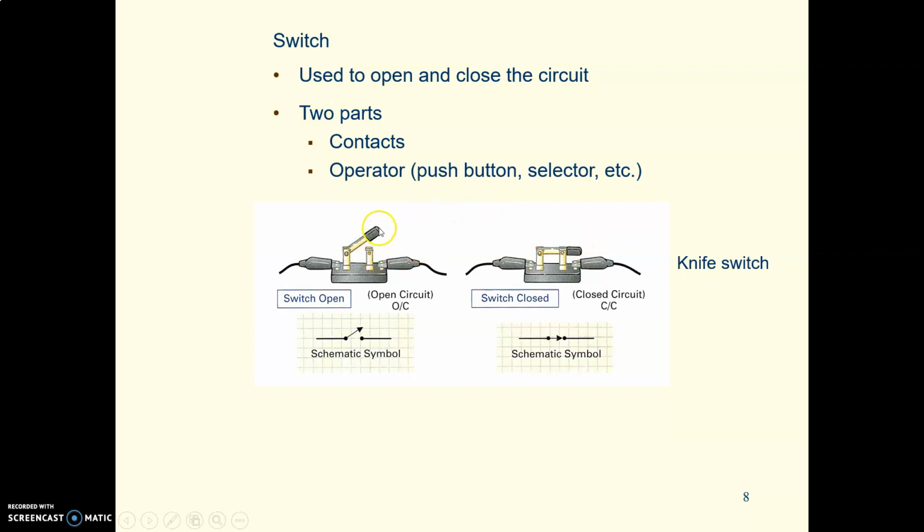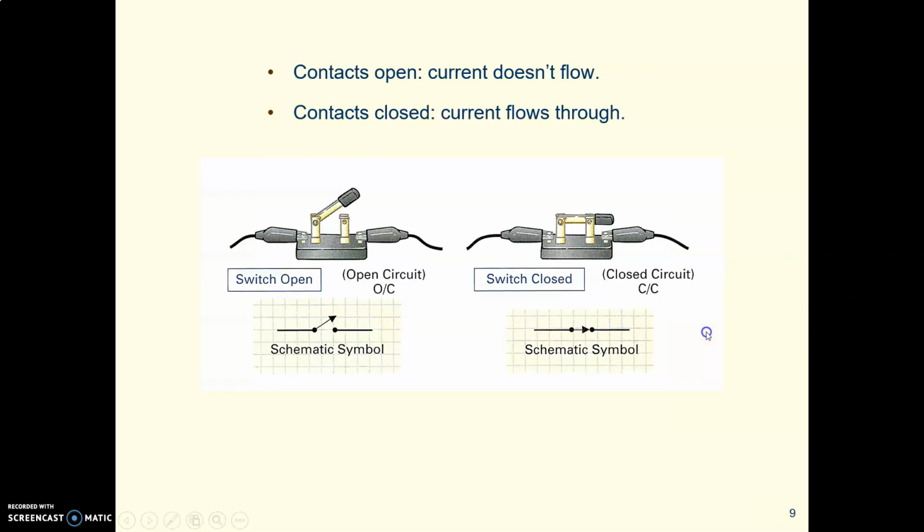So there are contacts, and then there's the operator, the thing that operates the switch. And in this simple example, it's a simple old knife switch where the knife blade comes down and makes contact. This example will help you think about push buttons in the ladder diagrams that we're going to look at. When the switch is open, no current can get through because nothing is making contact. When the switch is closed, current can get through.